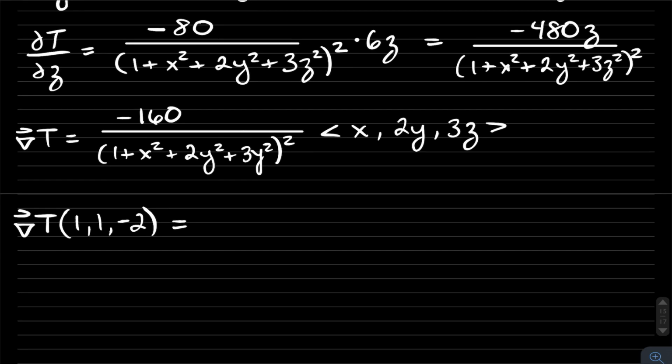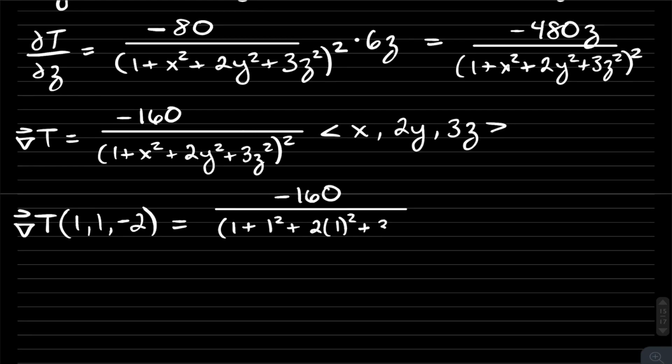And so when we plug in, we have a -160 over 1 plus x squared, which is 1 squared, 2y squared, 2 squared, 3z, sorry, this should be a z, and 3 times -2 squared. That'll all get squared. And then we have x, which is 1, 2y, which is 2, and then 3z, which is -6.